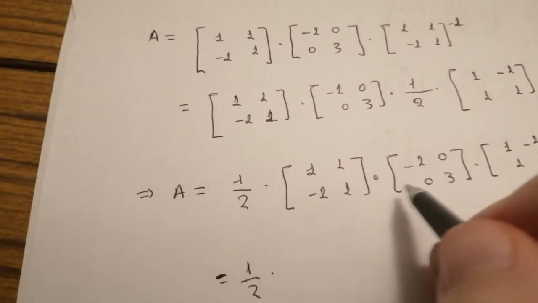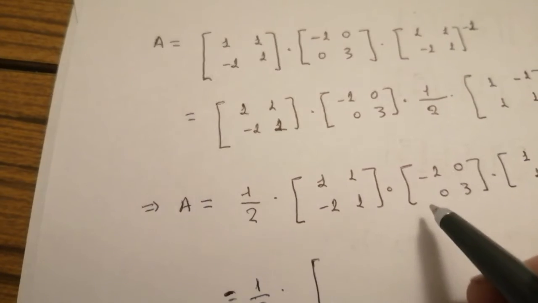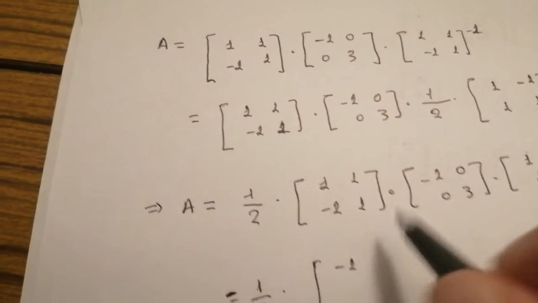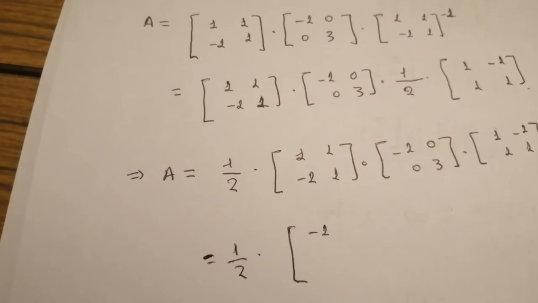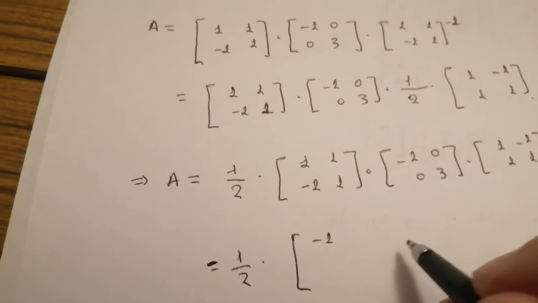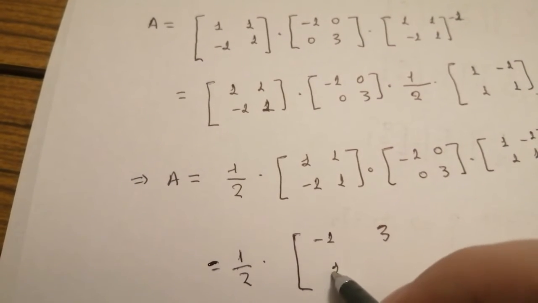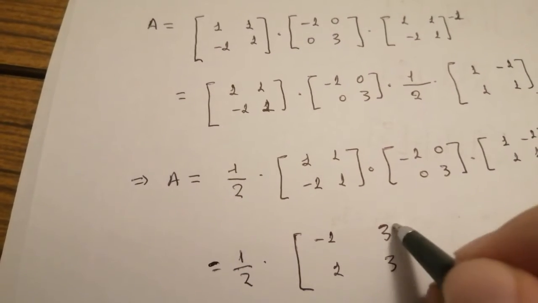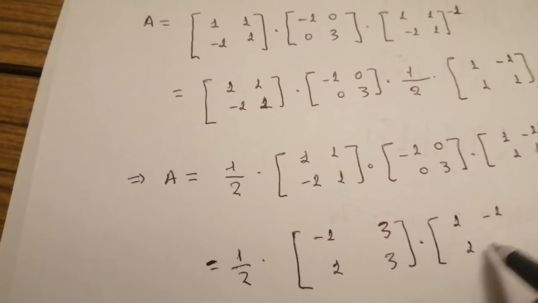So it's 1 over 2. Let's multiply first these two matrices. We multiply this row with this column: minus 1, 3, then we get 1, then we get 3, times [1, minus 1; 1, 1].